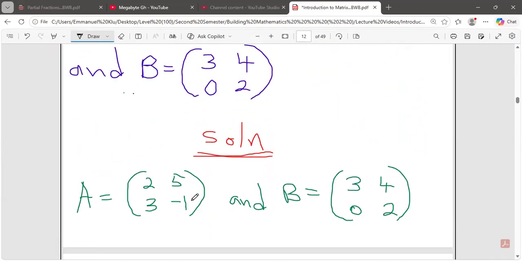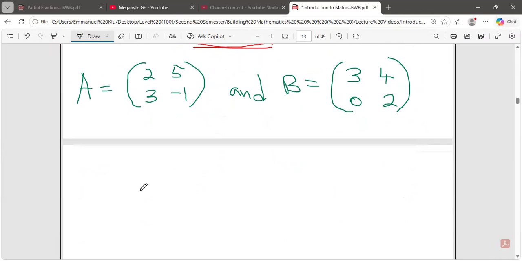So once we put our solution and repeat our question, we can continue to say that the product of matrix A and matrix B, like what you are seeing over here, is going to give us this relation. We open a very big bracket, and just as we did for the initial example that you saw, the 2 is going to multiply the 3, and then the 5 is going to multiply the 0.